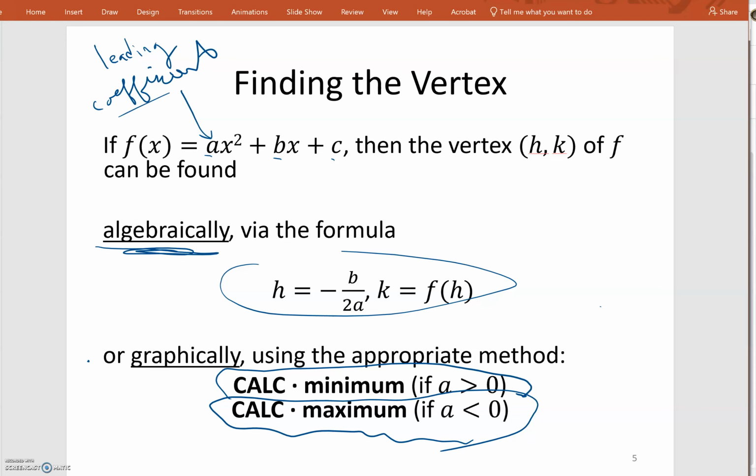If A is positive, we will have an upwards opening parabola, and therefore we'll use CalcMinimum. If A is negative, we'll have a downwards opening parabola, and therefore we'll use CalcMax. That's what we just did.